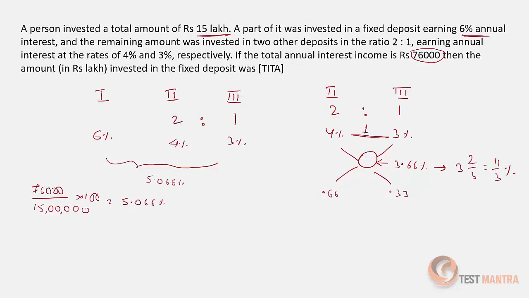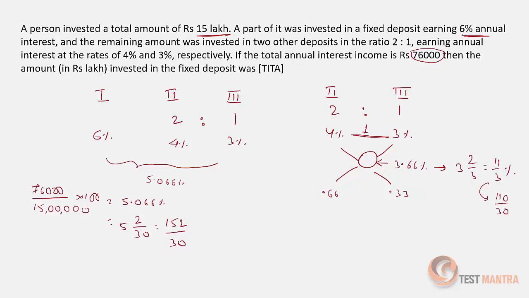Let's write this one in terms of 11 by 3%, so that it will be easy for us to work on. And 5.066 can be written as 5 and 2 by 30, which is nothing but 152 by 30. So I can also write this figure as 110 by 30 because I'm keeping the values in terms of 30s only.